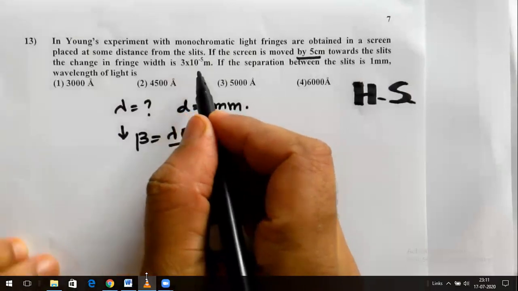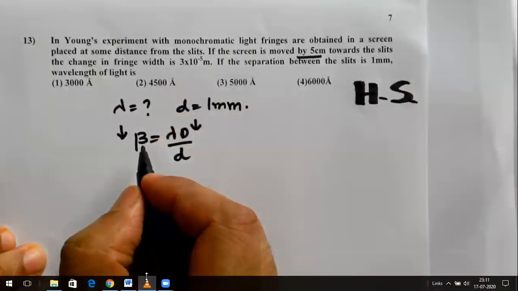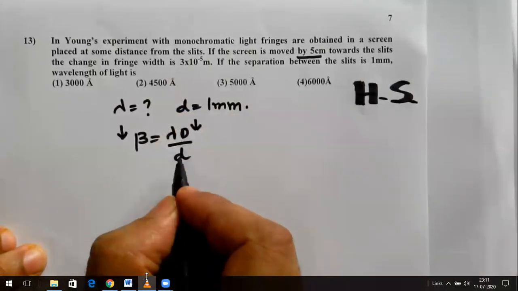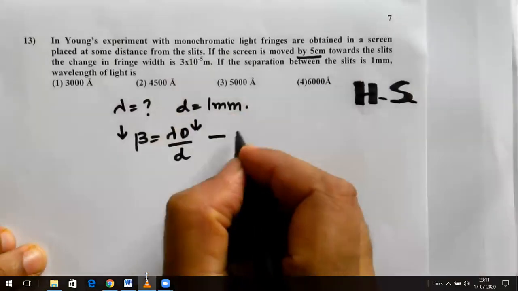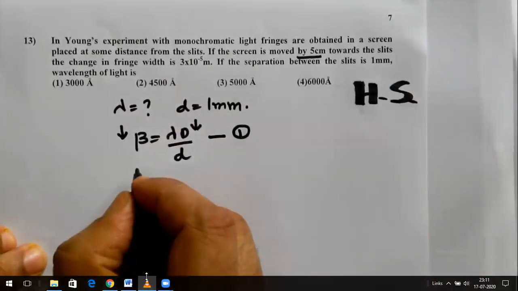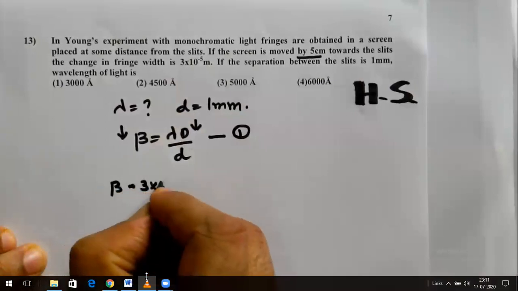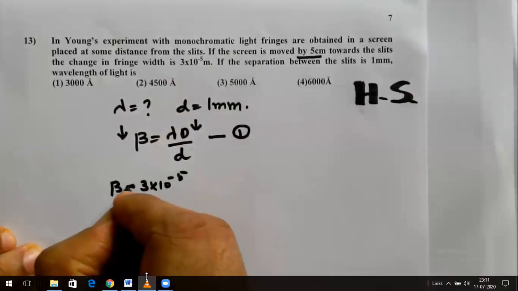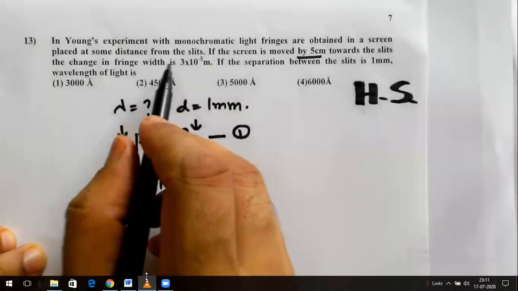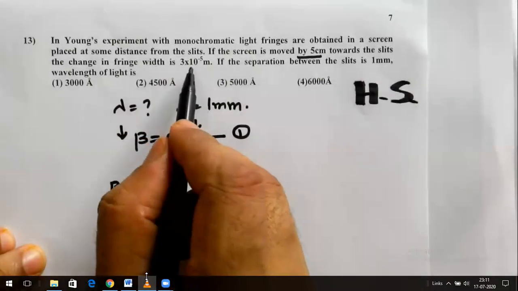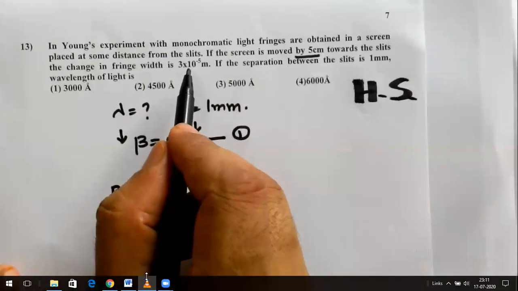So we will write 2 equations for this. The first, beta is equal to lambda D by d as it is. So this is equation 1. The new value of beta, that is beta minus 3 into 10 to the power minus 5, because fringe width will be changing by this much. They haven't given whether it is decreasing or increasing.